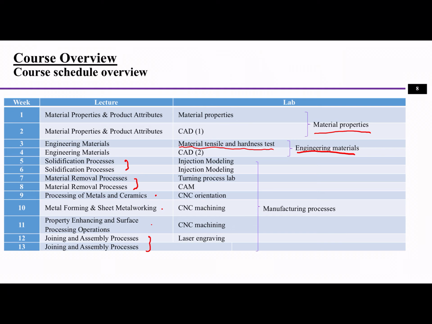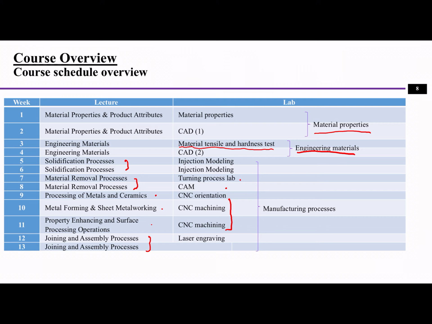And then we have an injection molding lab to learn how to process polymers and use injection molding to make different shapes of polymers. And a turning lab on how to use a lathe machine, and CAM, how to design manufacturing processes in computer-aided software, and also we will have several weeks of machining operations in a production system lab.